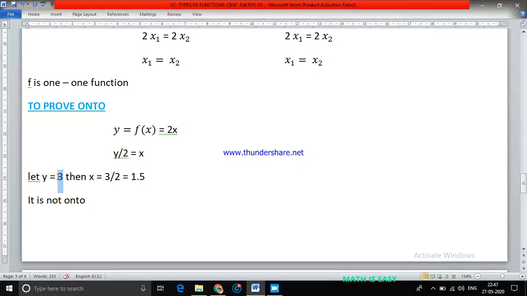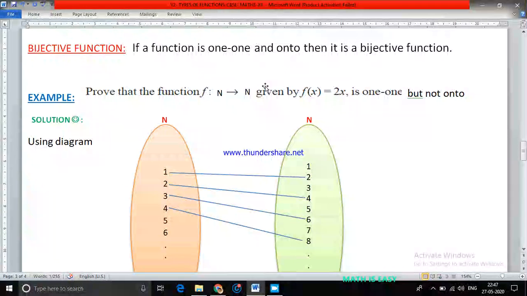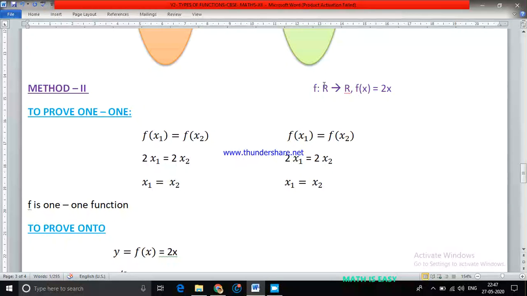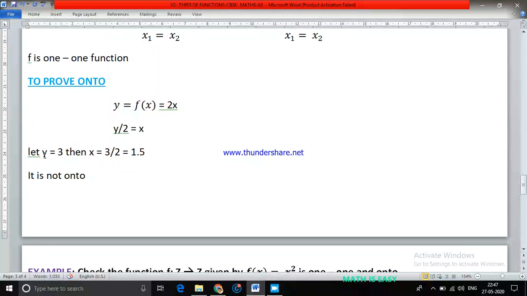Here the y value comes from real numbers, because the function is defined from R to R. So y equals 3 if I consider. 3 is a real number. Agree? Yes.